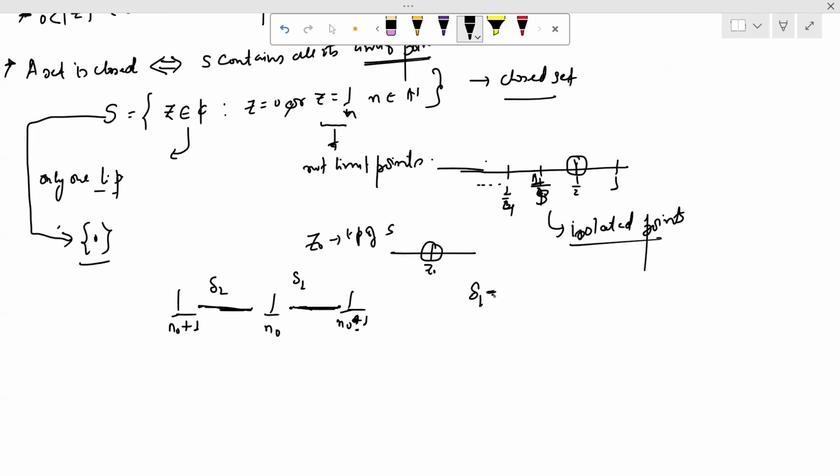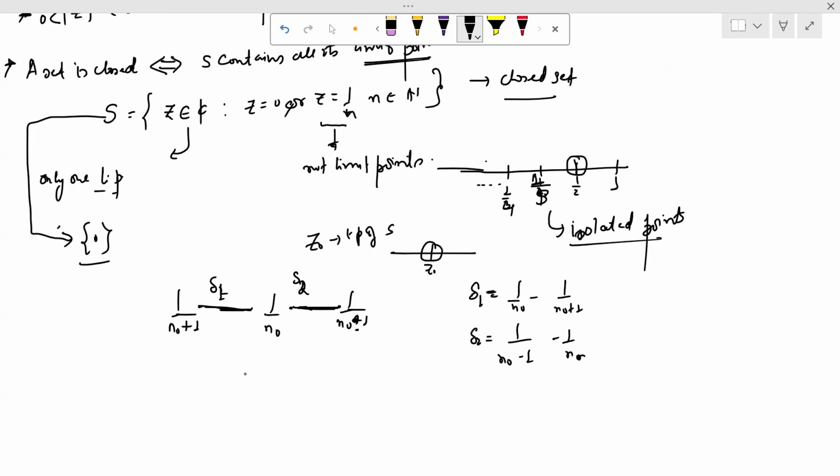Del 1 is 1 upon n naught minus 1 upon n naught plus 1. And del 2 is 1 upon n naught minus 1 minus 1 upon n naught.